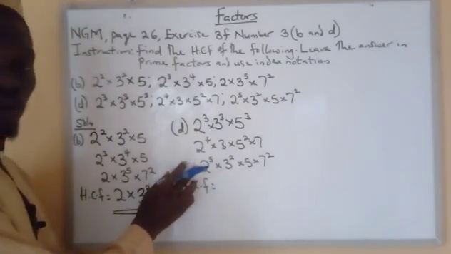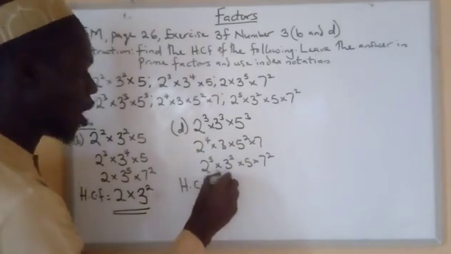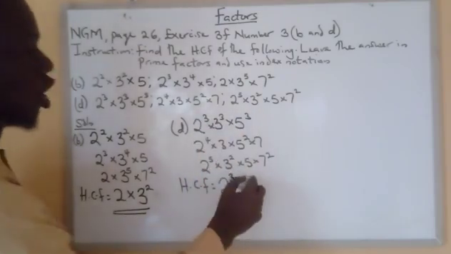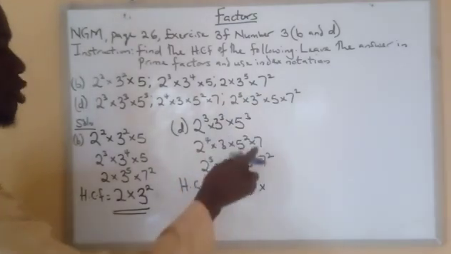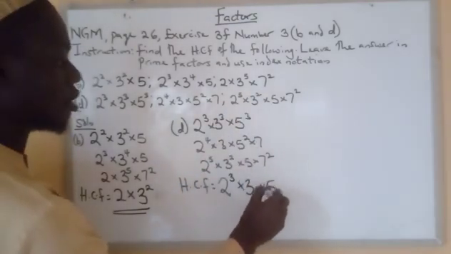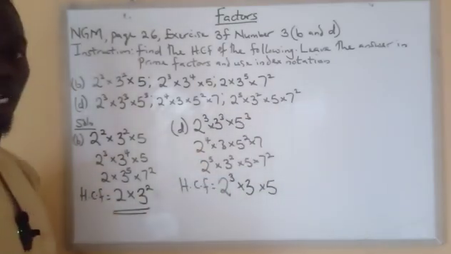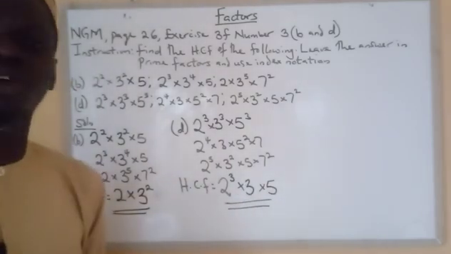Then you have 2 2s remaining here. So it's 2 to the power of 3. The same way here, what is common to all is a single 3. Then the same way here, what is common is a single 5. But 7 is not common to all the 3 expressions. So here is our final answer. And that is just it.